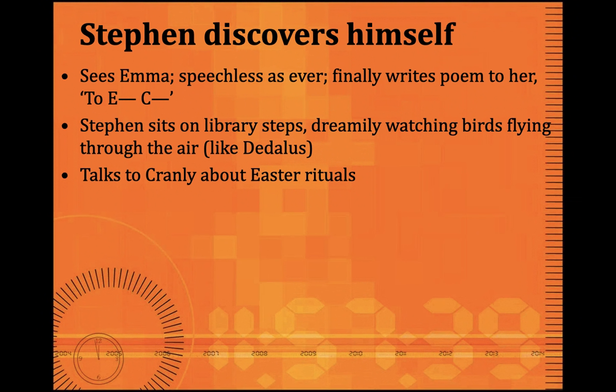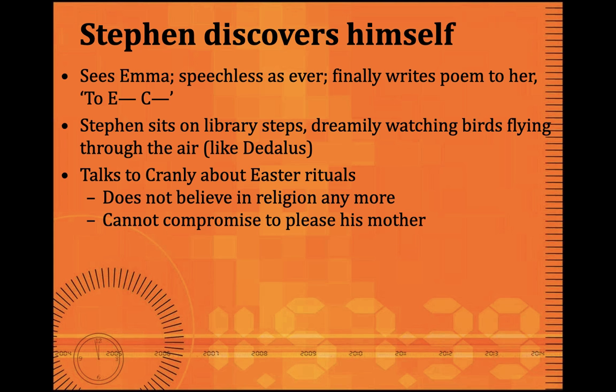His mother, Stephen's mother, has been asking him to come home and take part in the Easter rituals. Stephen doesn't want to do that. He doesn't want to go home. He doesn't want to take part in Easter rituals. He does not believe in religion anymore. And he cannot compromise just to please his mother.